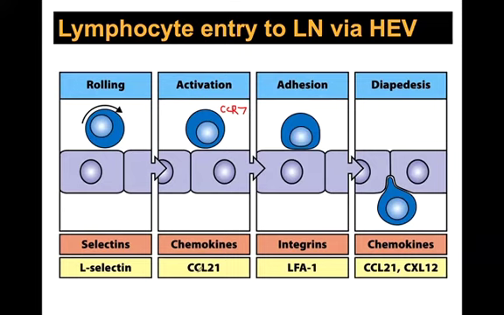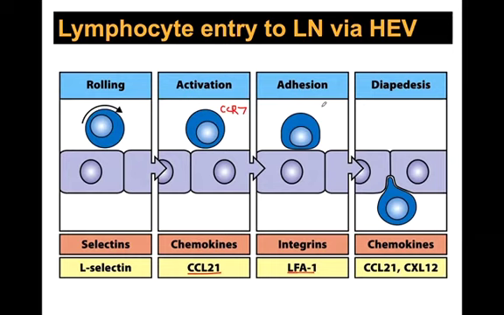So the follicular reticular cells around the high endothelial venules are going to express the ligand for this. And this signaling through CCR7, which is a G protein coupled receptor, will tell this cell, okay, you're going to change a protein called an integrin, in this case, LFA1, from a low affinity to a high affinity form.